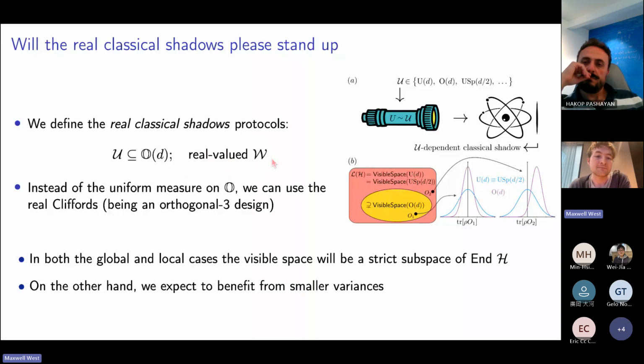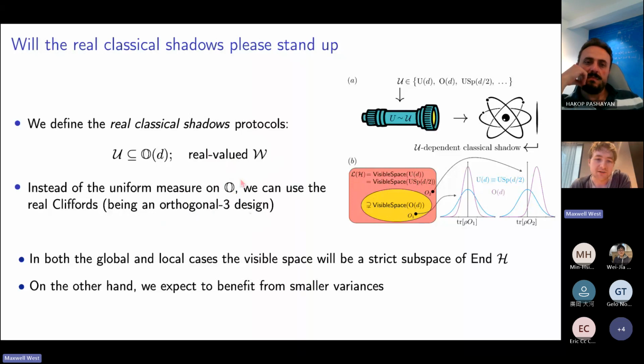One more quick comment before we look at it. It turns out that if you restrict the Cliffords to the orthogonal group, then they form a 3 design. The orthogonal Cliffords form an orthogonal 3 design. So up to the third moment, you can't tell the difference between random orthogonal matrices and random orthogonal Cliffords.